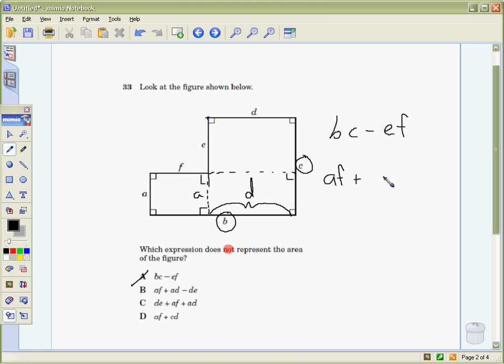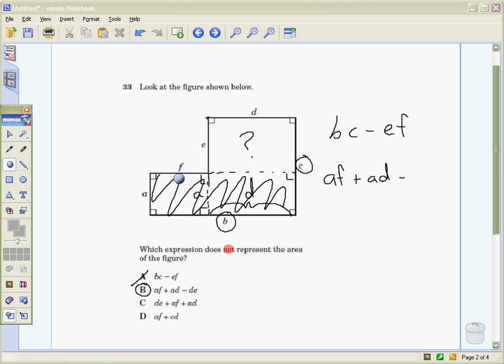So I added that in. So far I have this much. And then minus, well, I can already tell you it's not going to work, because if I'm subtracting out something, I still have this to deal with here. So I bet you B is going to be my answer. But let's go ahead and go through choices C and D.